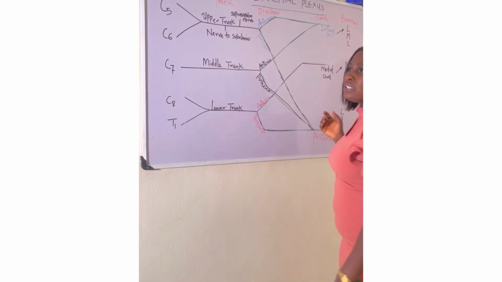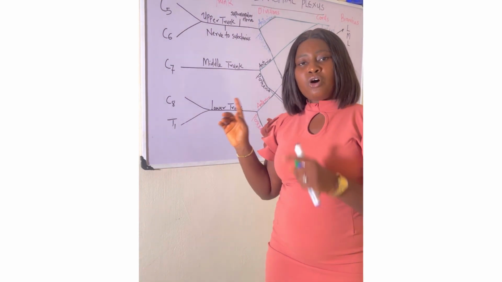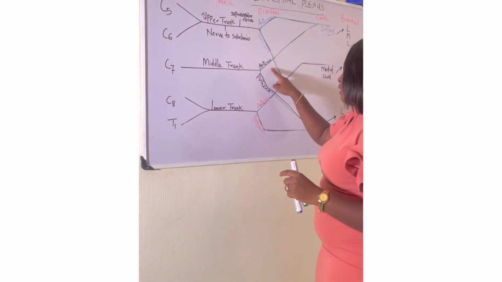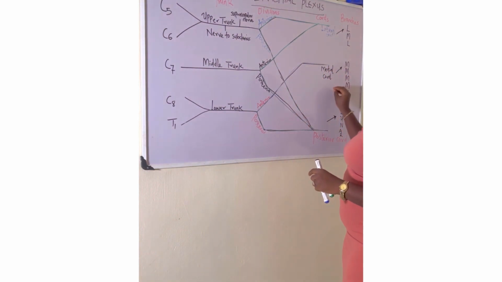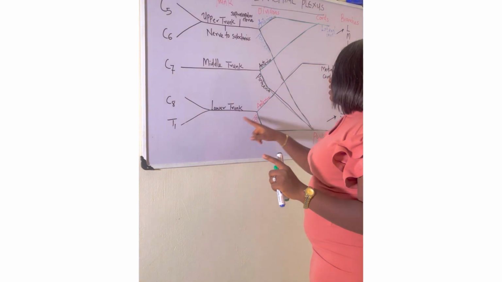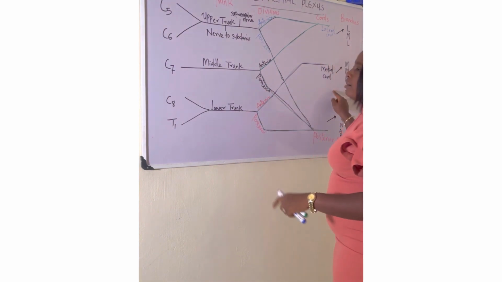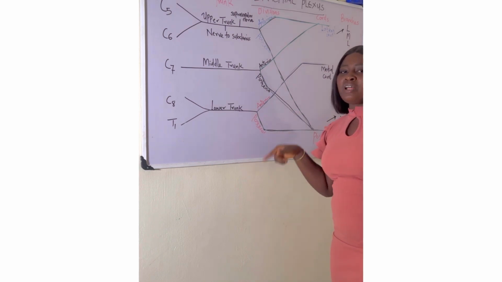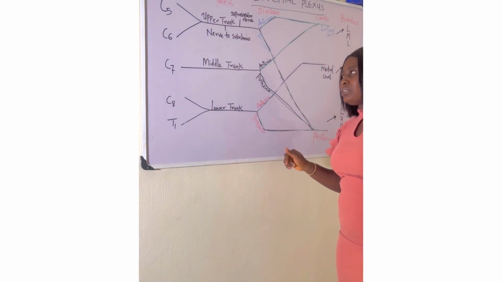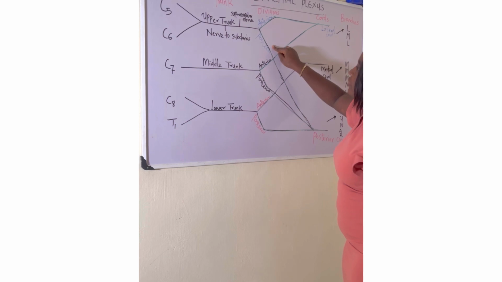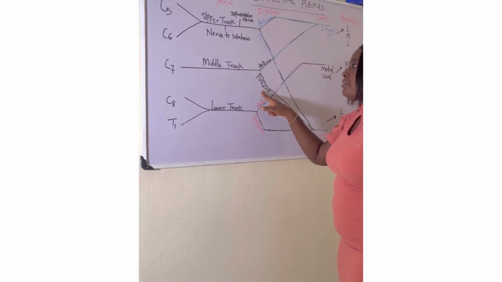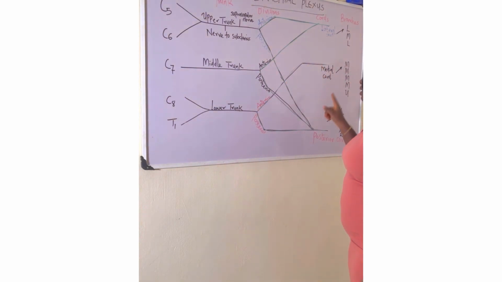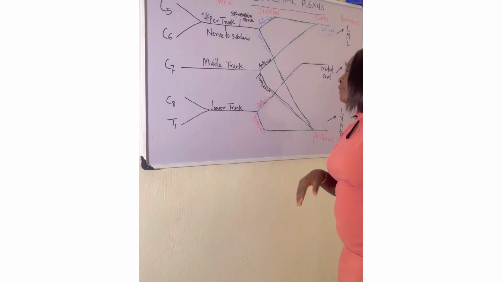The lateral cord is formed by the anterior divisions of the upper trunk and the middle trunk, while the medial cord is formed by only the anterior division of the lower trunk. Then the posterior cord is formed by all the posterior divisions of all 3 trunks, which is the posterior division of the upper trunk, the posterior division of the middle trunk, and the posterior division of the lower trunk, which gives rise to the 3 cords of the brachial plexus.